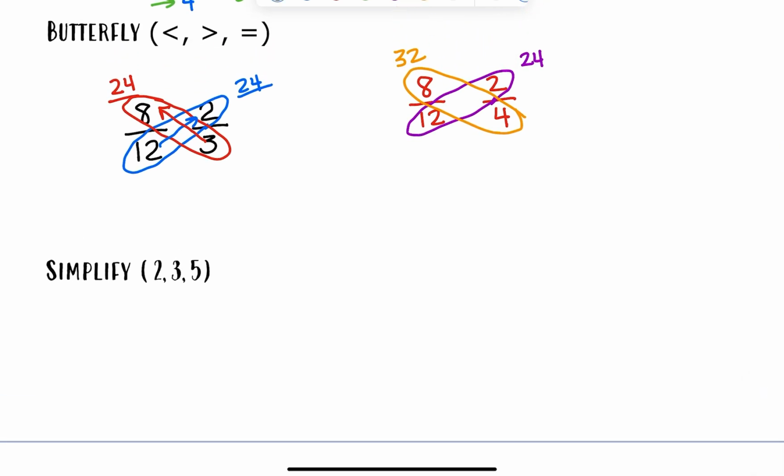Okay, and lastly, we could simplify. So let's take our first fraction, 8/12. Some of you might know how to simplify. We are going to start with a 2, and we're going to try to take a 2 out of the 8. In other words, we divide the top number and the bottom number by 2. So 8 divided by 2 is 4, and 12 divided by 2 is 6. So 4/6 is not an answer choice.